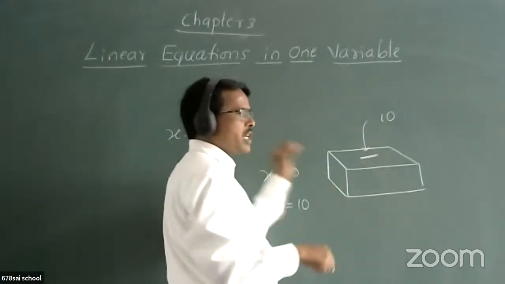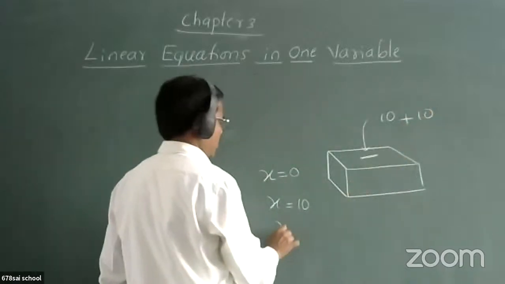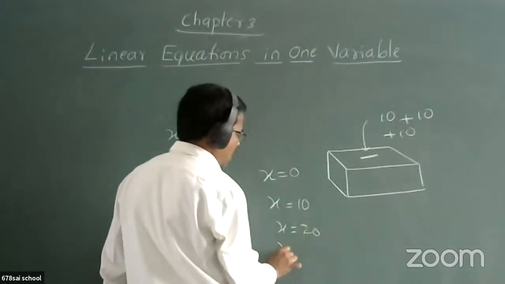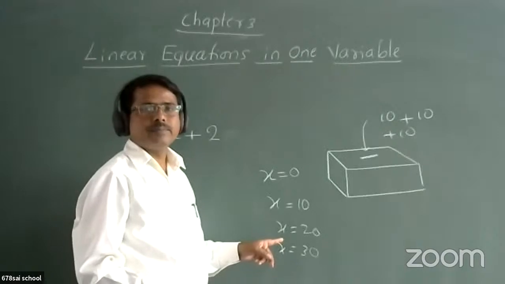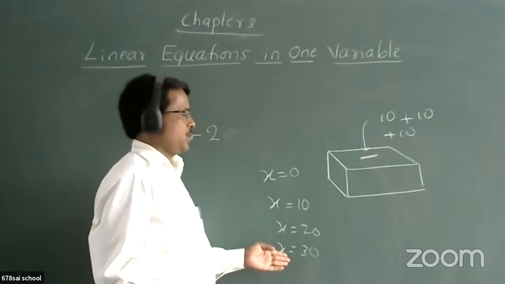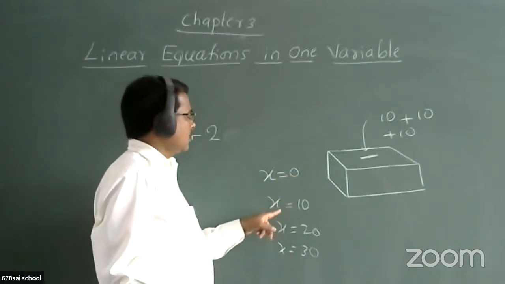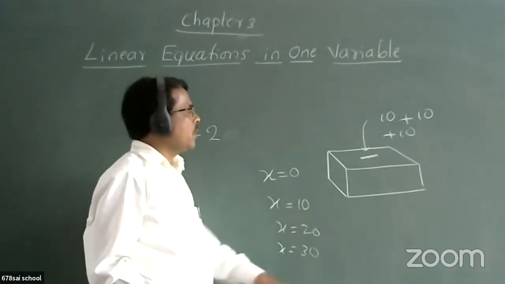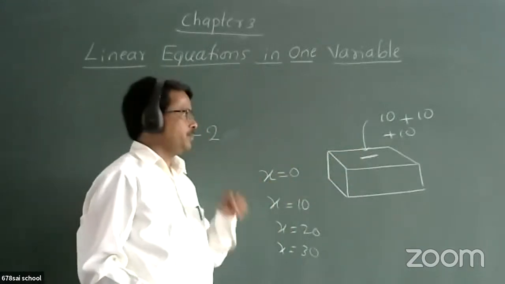Again you put 10, the value becomes 20. Again 10, it becomes 30. So x is a variable, taking different values: 0, then 10, 20, 30. It changes its value.